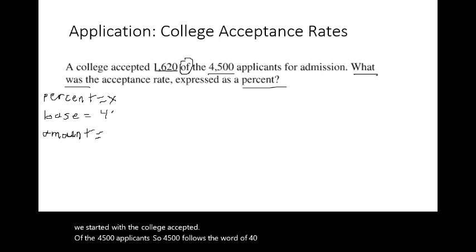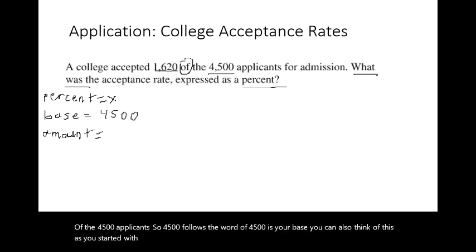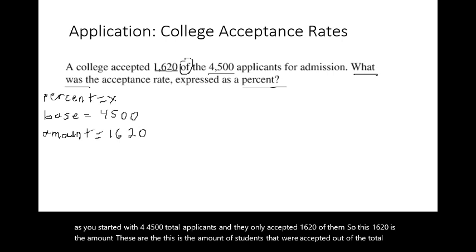You can also think of this as you started with 4,500 total applicants, and they only accepted 1,620 of them. So this 1,620 is the amount. This is the amount of students that were accepted out of the total starting value of 4,500.